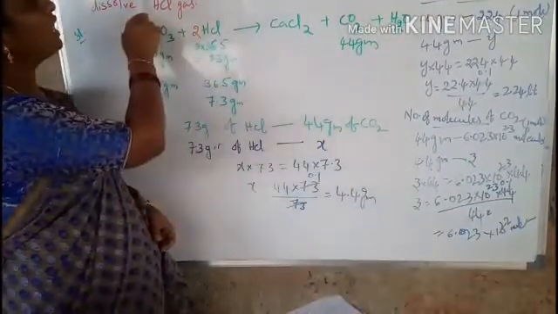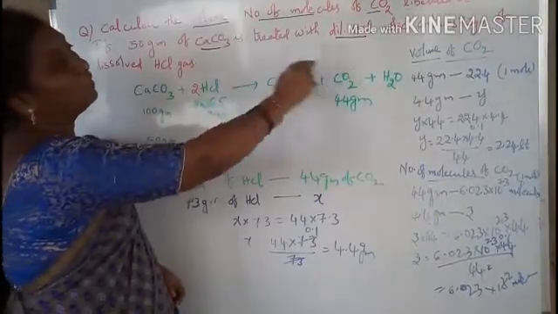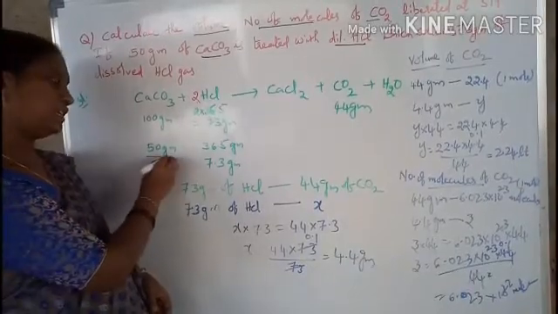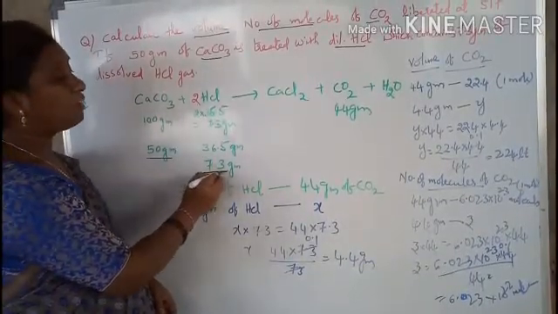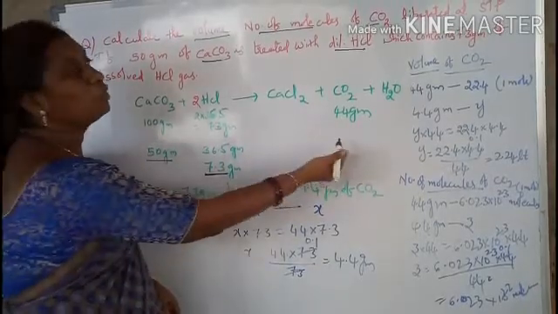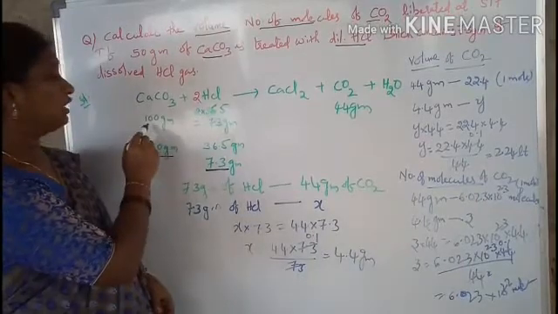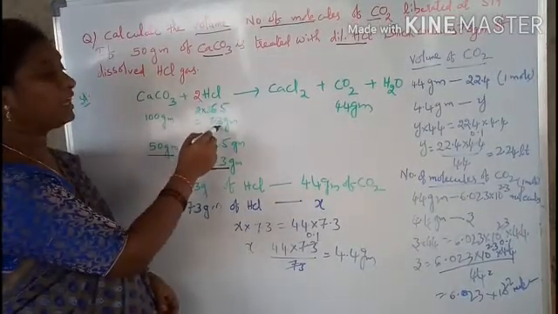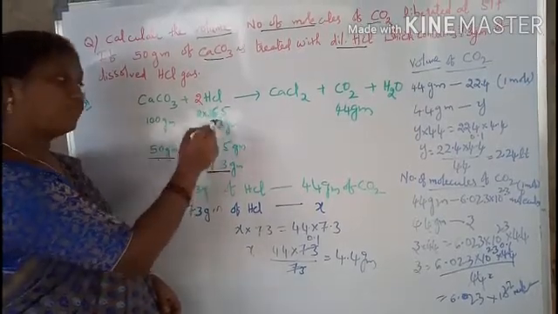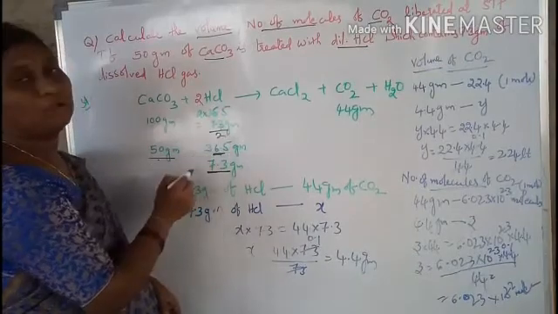But in the question he asked, 50 grams of CaCO3 reacts with 7.3 grams of HCl, and how much CO2 is liberated. So here actually 100 grams reacts with 73 grams, which means 50 grams should react with half of the 73, that is 36.5.